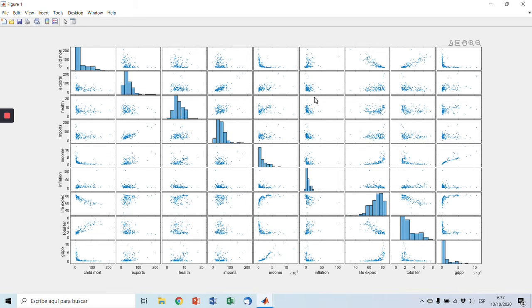You might analyze all these relationships. For instance, there is one here between life expectancy and income. We can also see it here, and it is the same as with child mortality.